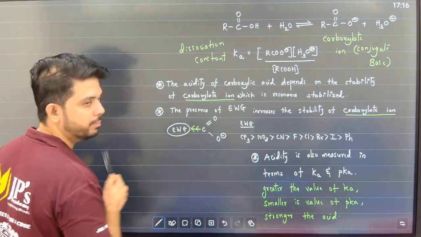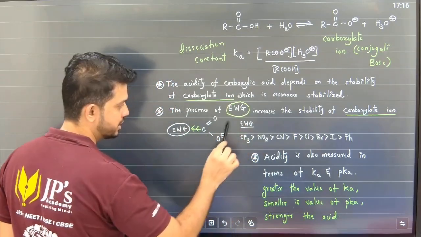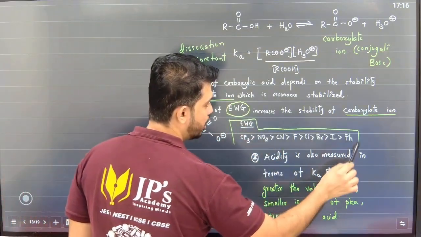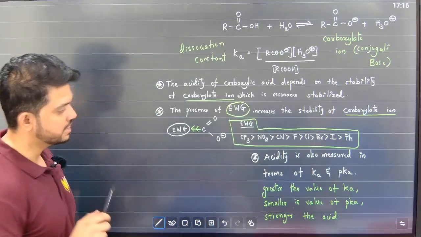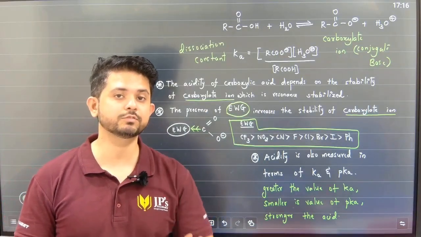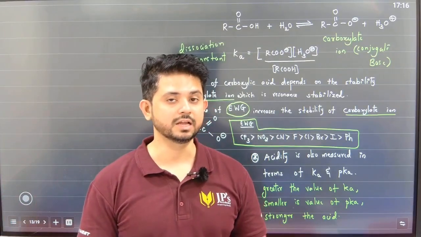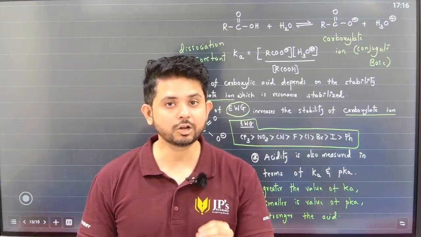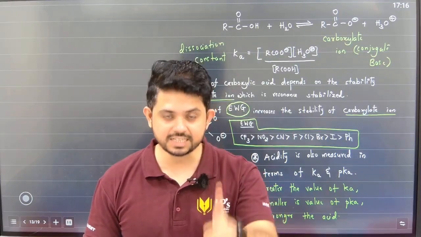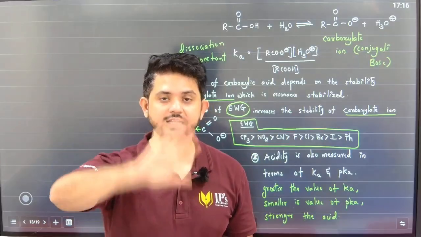And a very important point to remember is the presence of electron withdrawing groups. यहाँ पे एक list भी लिखा है according to their strength. The presence of electron withdrawing groups increases the stability of the conjugate base. It stabilizes the carboxylate ion, and that is why electron withdrawing groups increase acidity, electron donating groups decrease acidity.